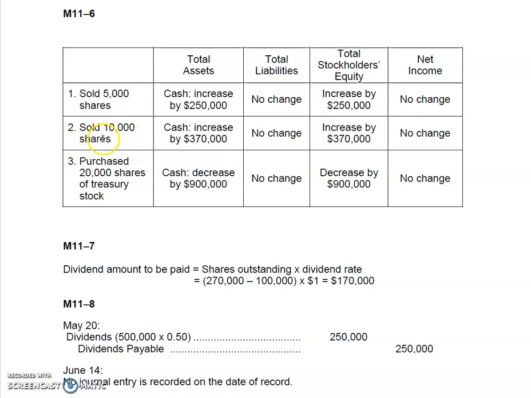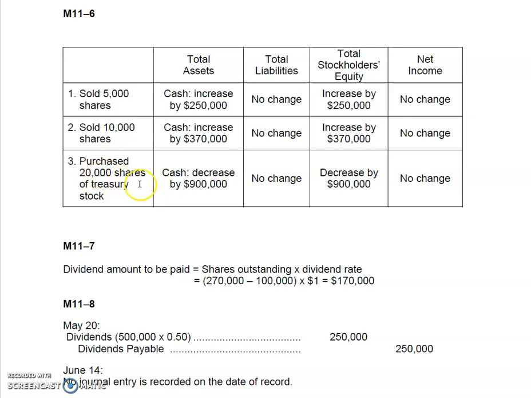Okay. Second transaction, we sold some more shares, 10,000 for $37 per share. $370,000 cash came in, an increase in cash, and a $370,000 increase in total stockholders' equity. Third transaction, we purchased 20,000 treasury shares. So we purchased those for $45 per share.